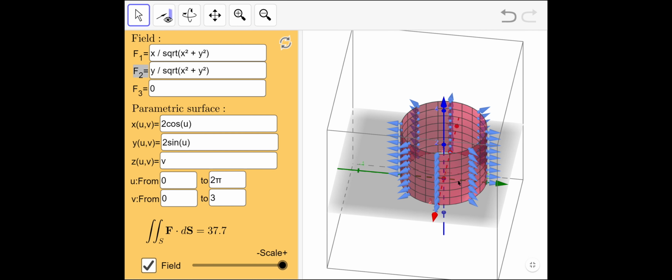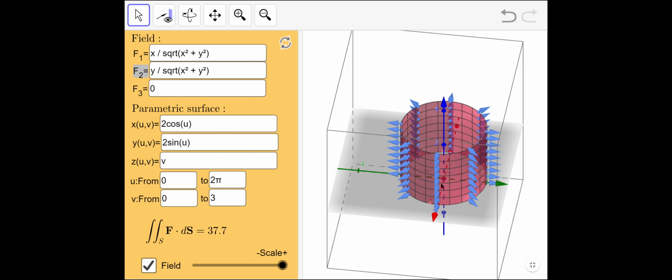All of them are nicely pointing out. The vectors, more precisely, are assigned in a continuous fashion to the surface. So you don't have any strange behavior where you have one vector pointing out and one just below it pointing in. All vectors are in fact pointing out.